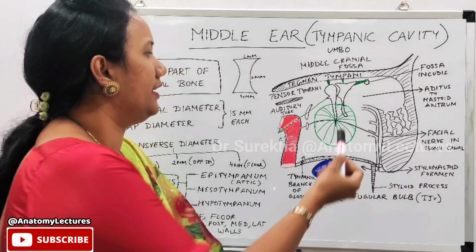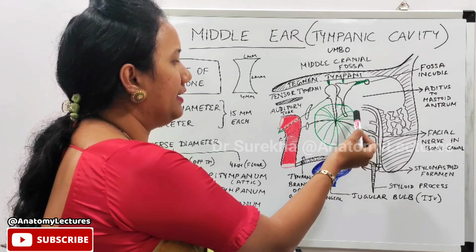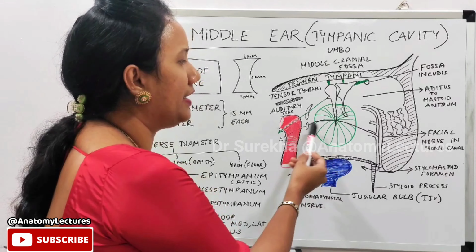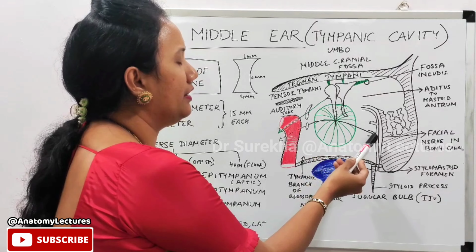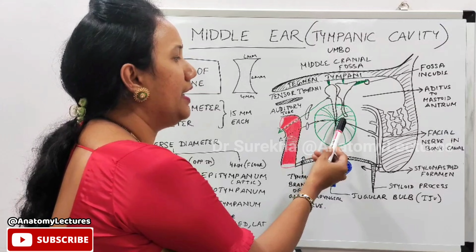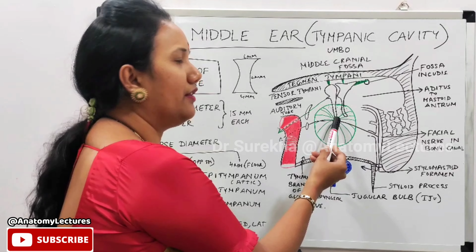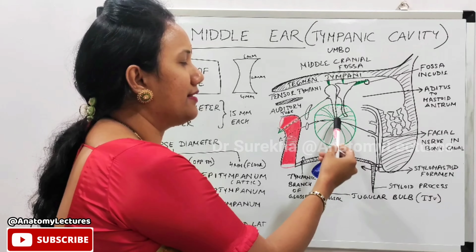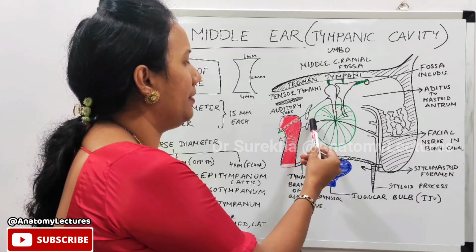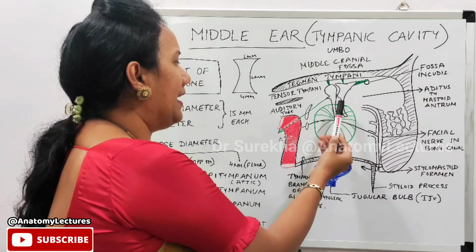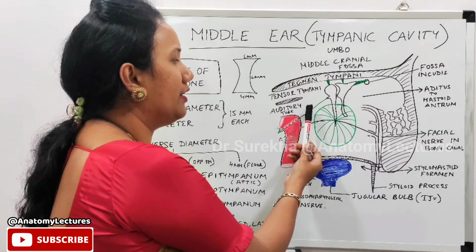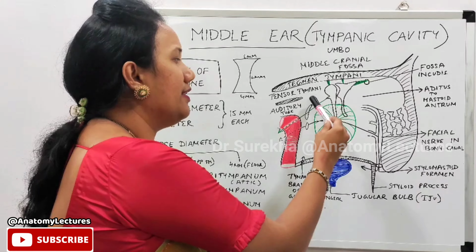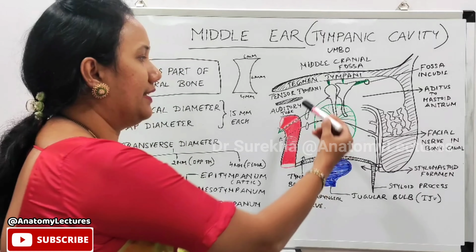The other feature which you see in the lateral wall is the chorda tympani nerve. This is the chorda tympani nerve which is passing over the medial surface of the handle of the malleus at the junction between the pars flaccida and pars tensa of the tympanic membrane. In the anterior part, in front of the tympanic membrane, in the lateral wall, you see some small slit-like openings.